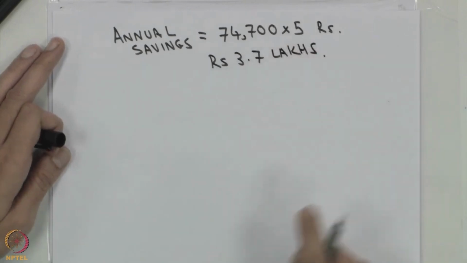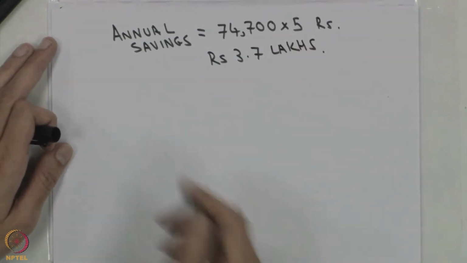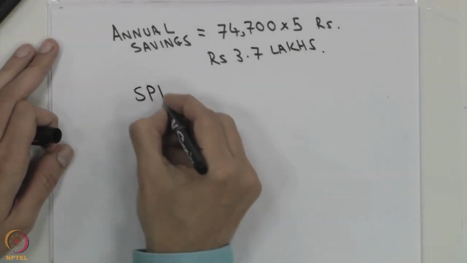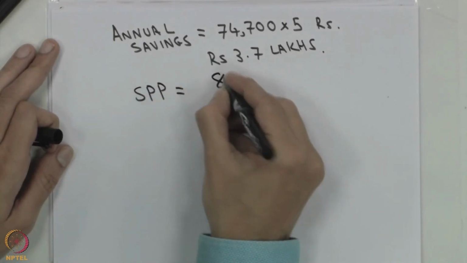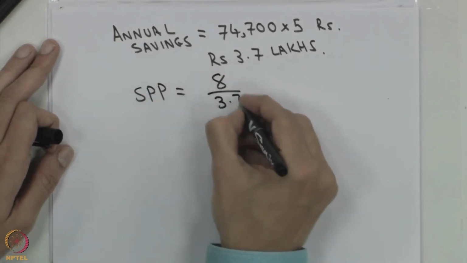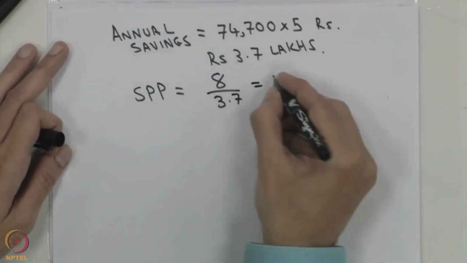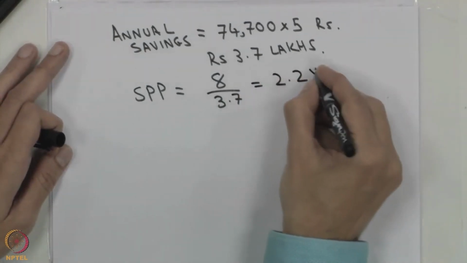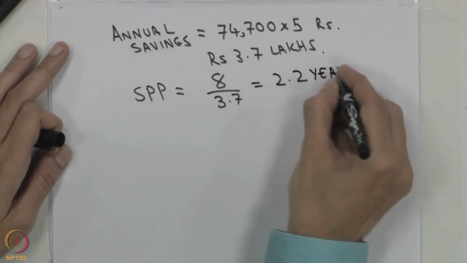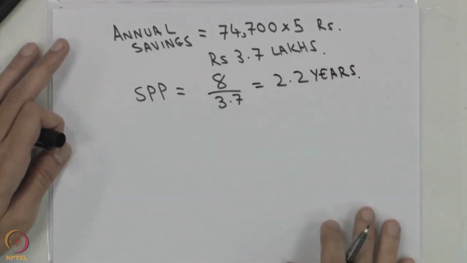We were told that the investment is 8 lakhs, so the simple payback period is nothing but 8 by 3.7, right, which comes to about 2.2 years. That was the first thing that we had to calculate.